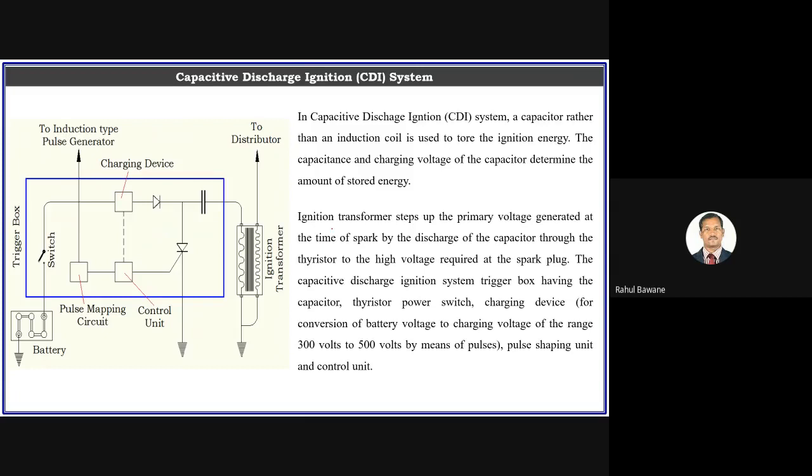So the ignition transformer steps up the primary voltage. So we know how a transformer works, either it steps down or steps up. So this ignition transformer steps up the primary voltage generated at the time of spark by the discharge of the capacitor through the thyristor to the high voltage required at the spark plug.